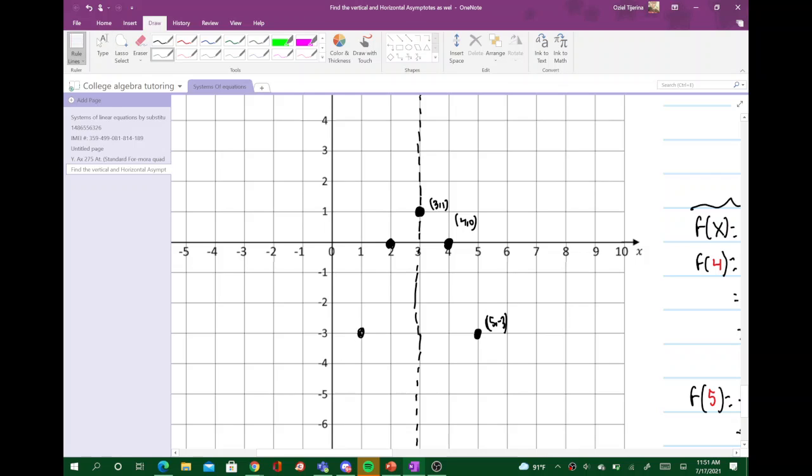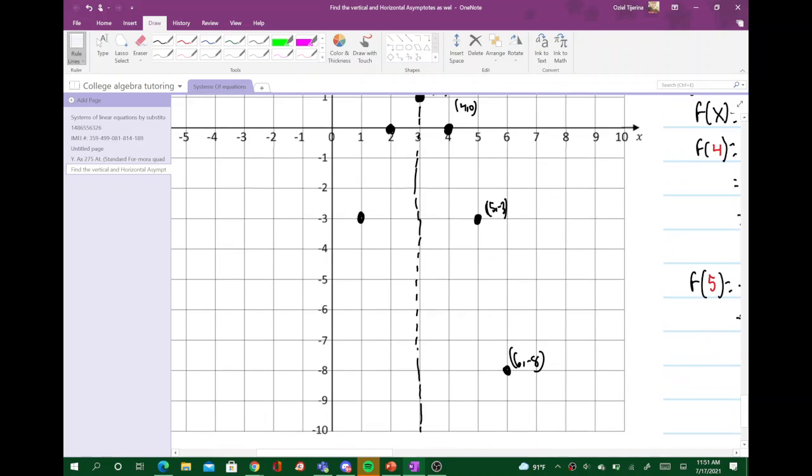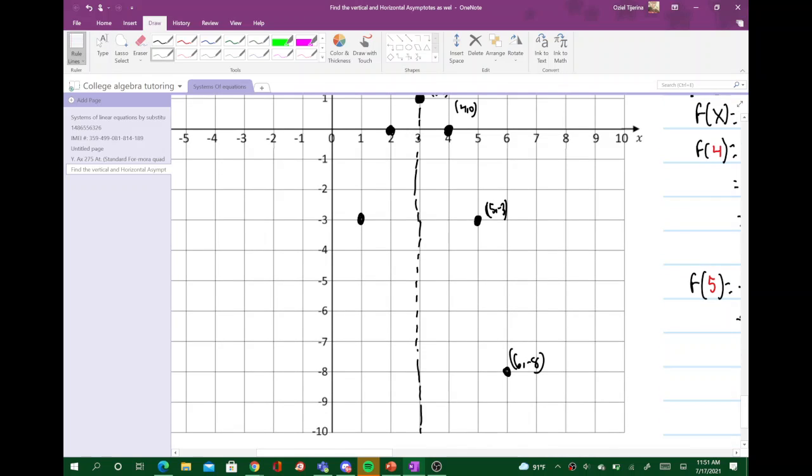So it's going to be right here. And then over here, when x equals 6, I'm going to go 1, 2, 3, and then go again 1, 2, 3. So right here. Okay.